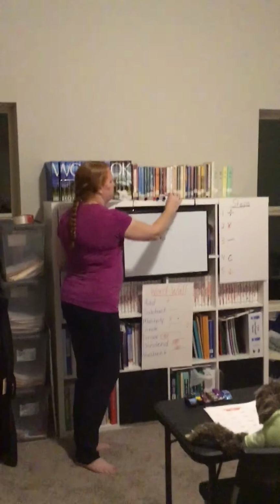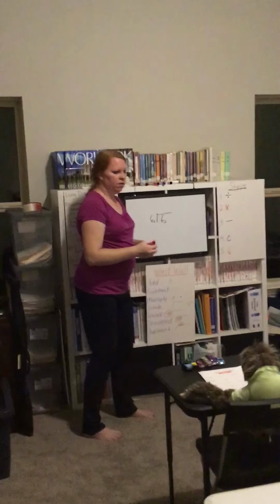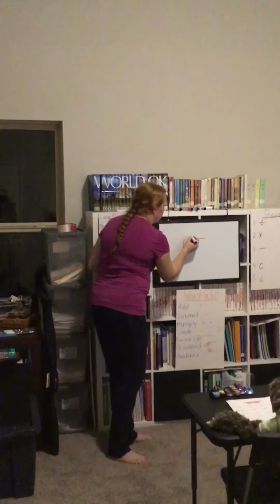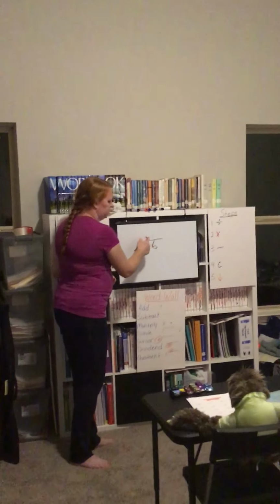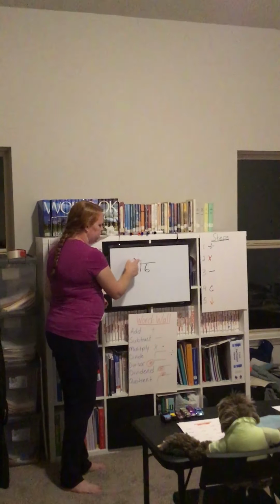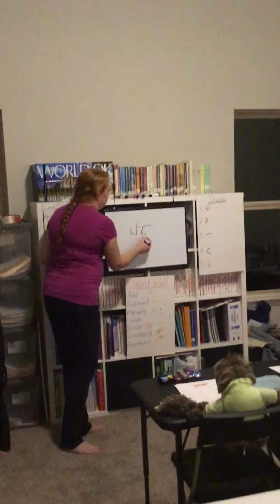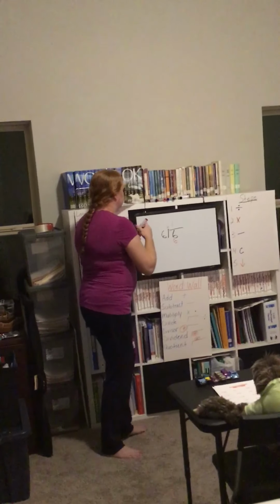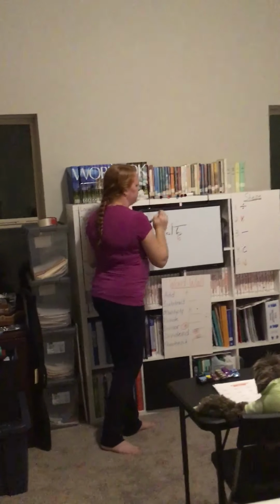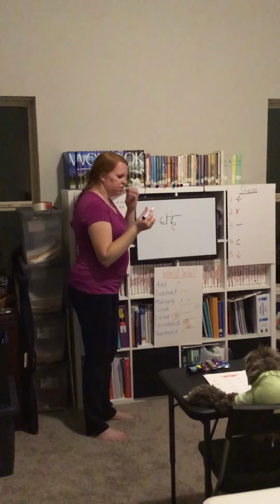Okay, what is step number 2? Multiply. Good. 1 times 6 is what? 6. Good. Our next step is number 3, which is subtract.